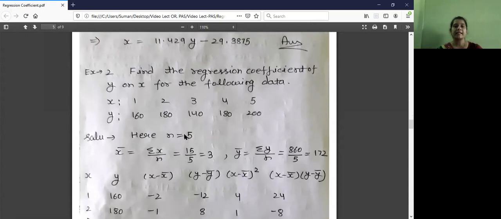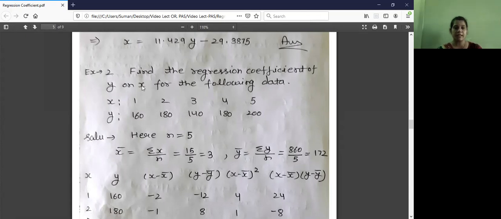Okay. The second example is: find the regression coefficient of y on x for the following data. Got it? You have to find the regression coefficient y on x, and you have already known that we have two types of regression coefficient. Got it?